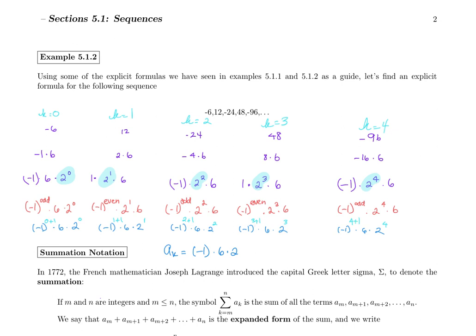So every time I have a power on my negative 1, I'm taking that index k and I'm adding 1. But then the nice other side effect is that 2 is to the k, right? 0, 0, 1, 1, 2, 2, 3, 3, 4, 4. So in this case, I have 2 to the k. So my explicit formula says that a sub k is equal to negative 1 to the k plus 1 times 6 times 2 to the k.